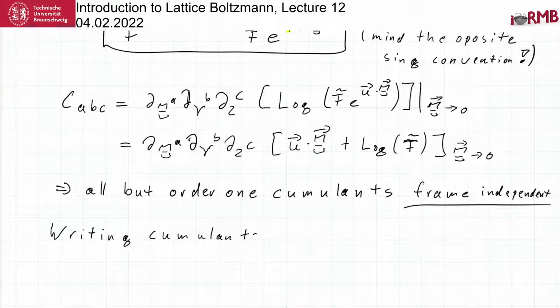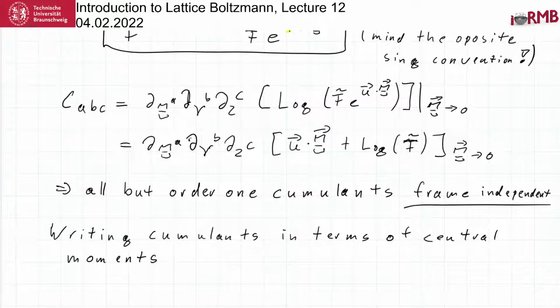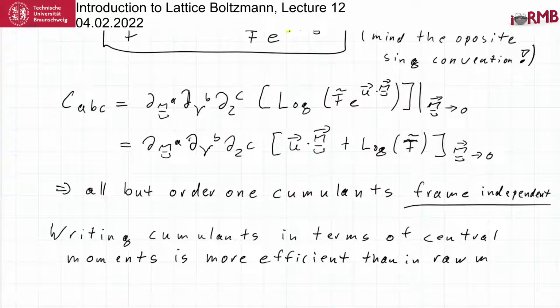Writing cumulants in terms of central moments is more efficient than in terms of raw moments.